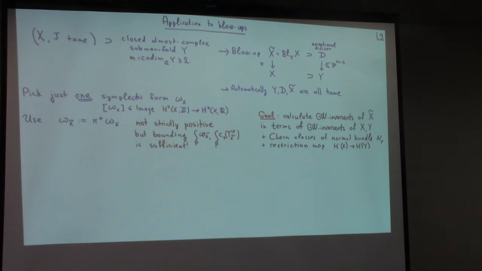That's actually not a totally trivial story, because on X tilde you have some symplectic form from X. You take the pullback. It will not be positive, it will be semi-positive. But then you get a canonical class. And then you can make linear combinations, and the canonical class is positive along the divisor.